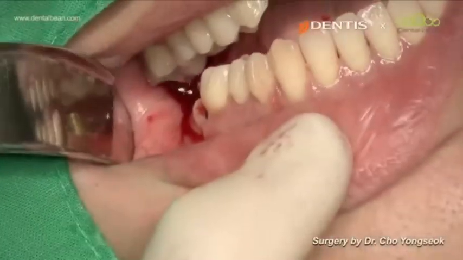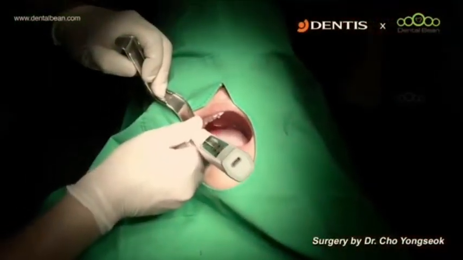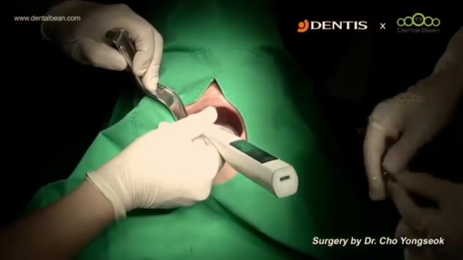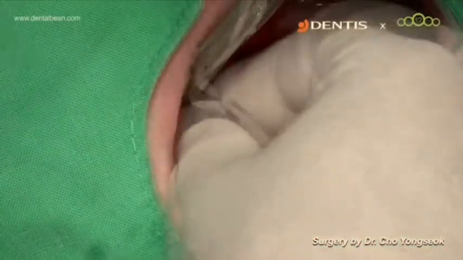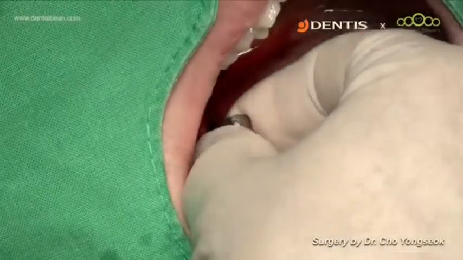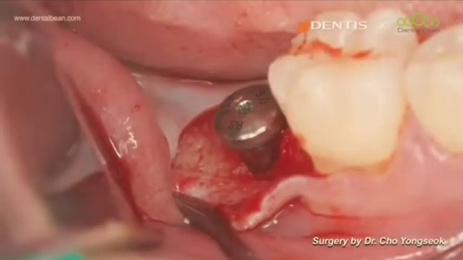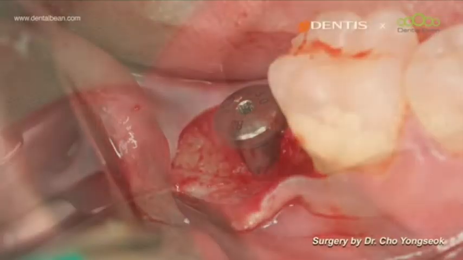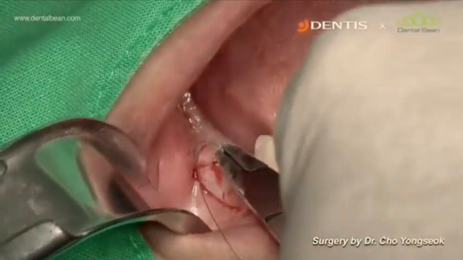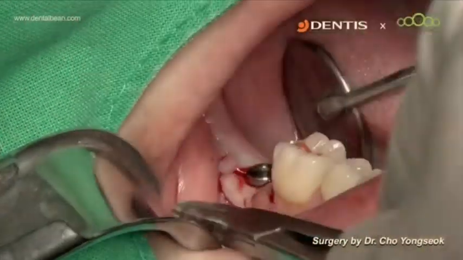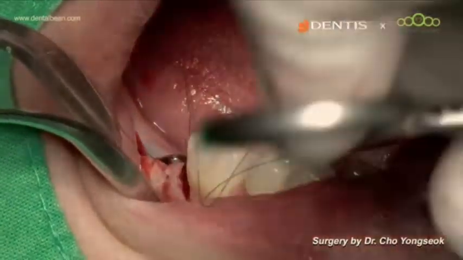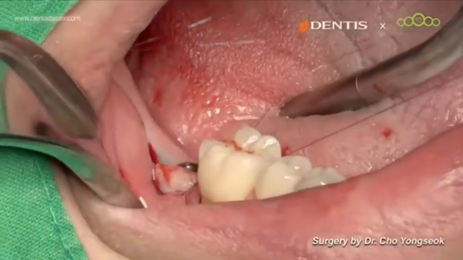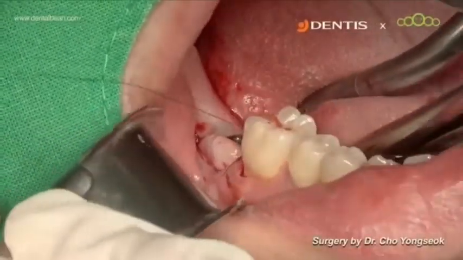Okay, verify the implant angulation position with a pass guide pin and check the ISQ value with a Check Q. Connected the healing abutment. Let's try the modified external vertical mattress suture from top to down, pass the buccal side and the lingual very simply, and make knots.